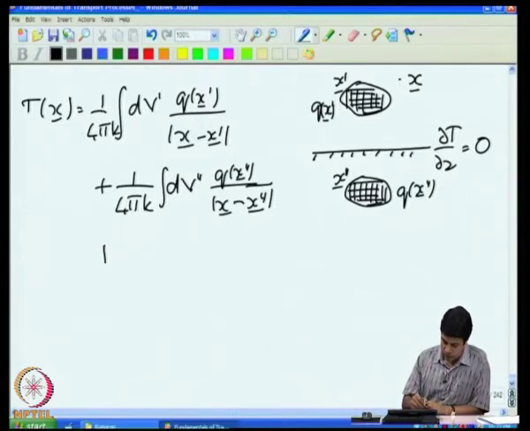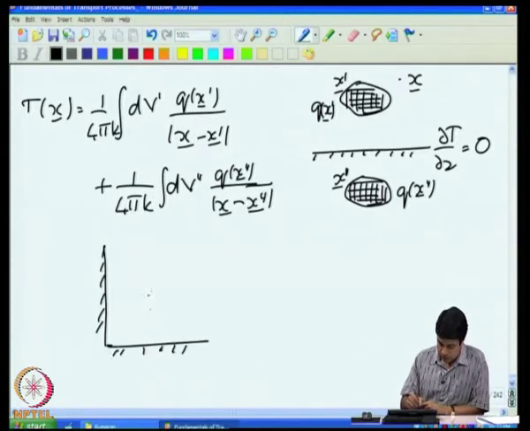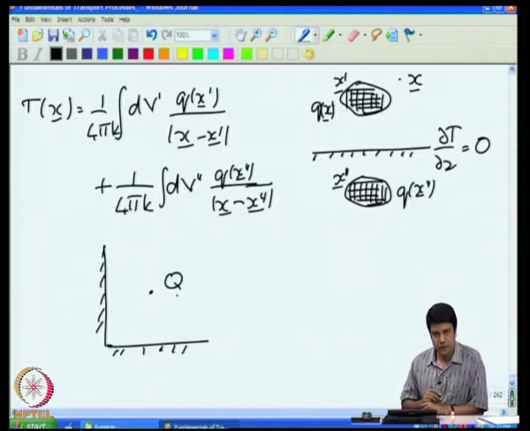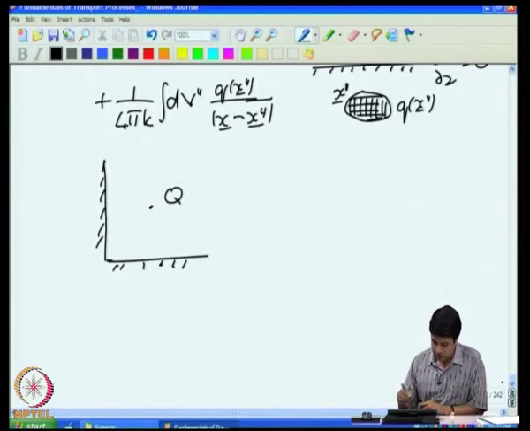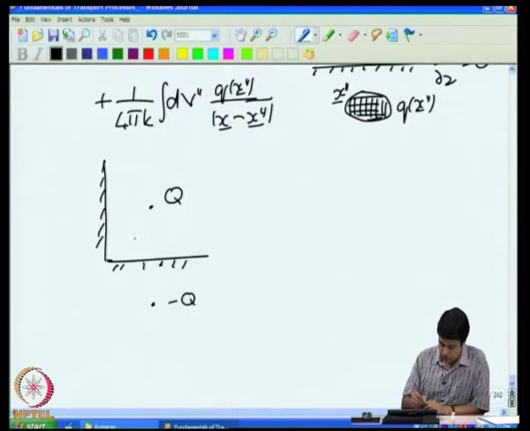If I have two walls with a corner, and I have a source q here. If these two walls have 0 temperature, then by symmetry I need to put minus q and plus q here.